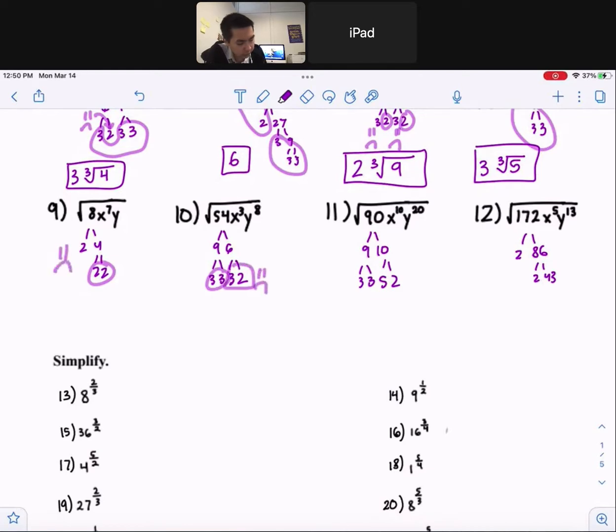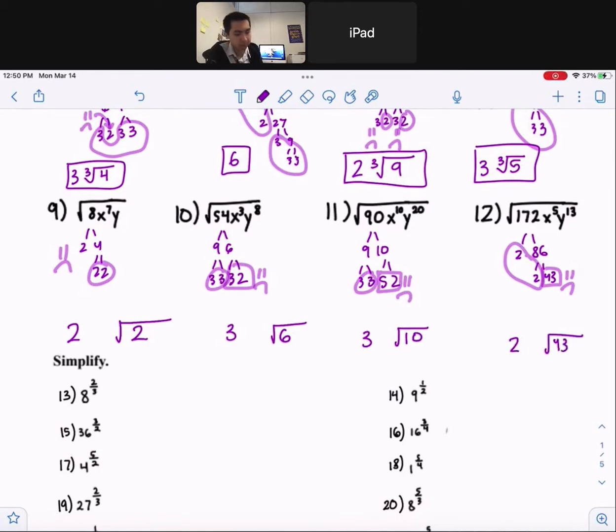This is a leftover. Pairs, leftovers: 5 and 2 are leftovers, and 2s are leftovers, and 2 are pairs, and 43 is a leftover. So this one, we got 2 square root of 2. This one, 3 square root, 3 times 2 is 6. 3 square root, 5 times 2 is 10. 2 square root of 43.